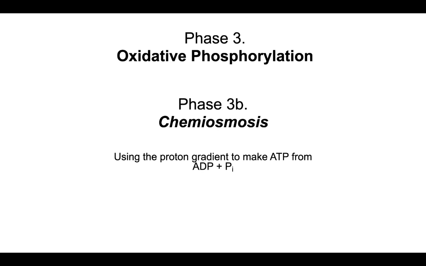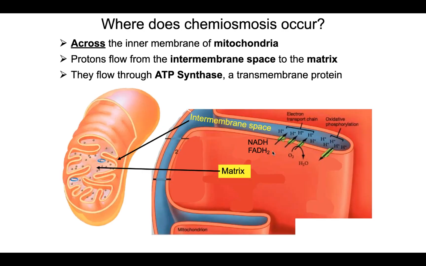That's it. Okay, so how does the cell harness the energy of the proton motive force to make ATP? Well, that process is called chemiosmosis. It's the second half of oxidative phosphorylation, and it uses this proton motive force within the intermembrane space.